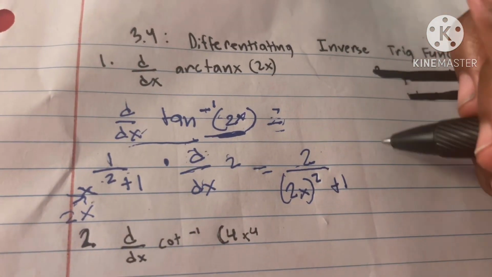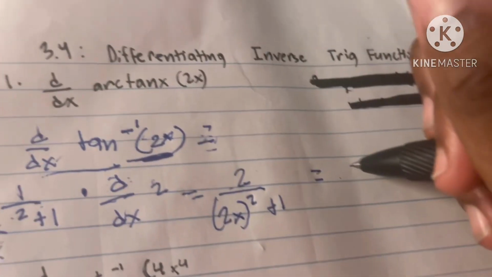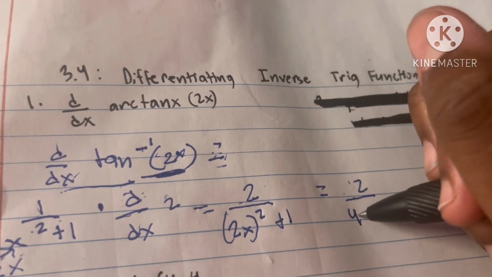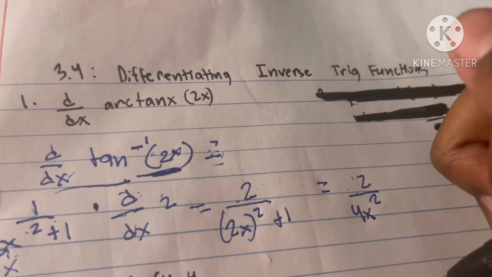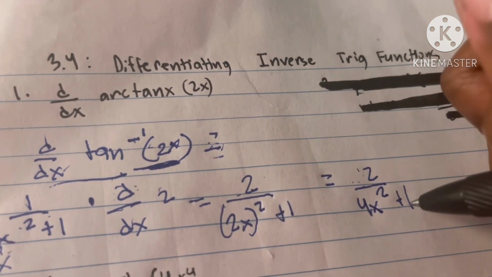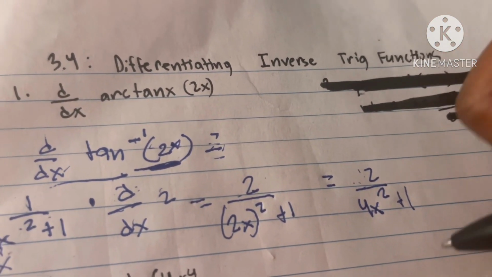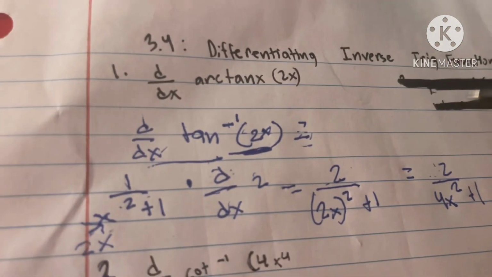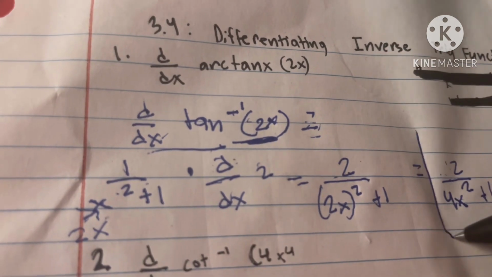And just simplify it. So it'd just be 2 over 4x squared plus 1. And you can simplify that. Well, I'm not going to simplify it because I don't know.